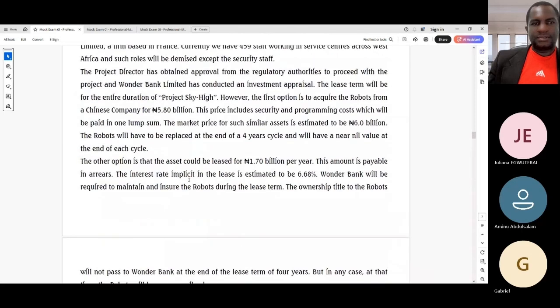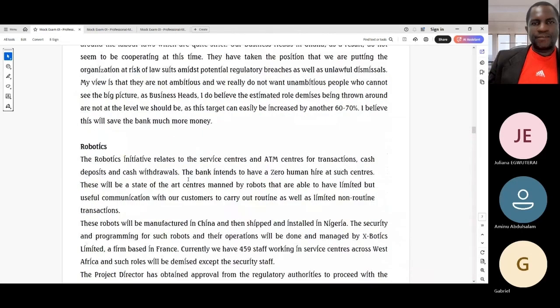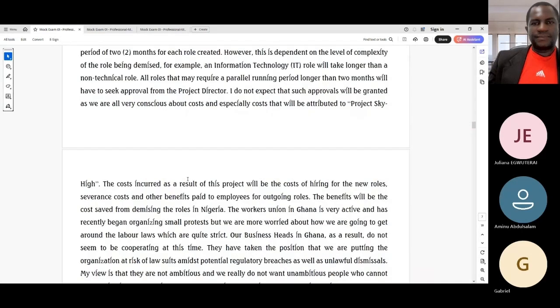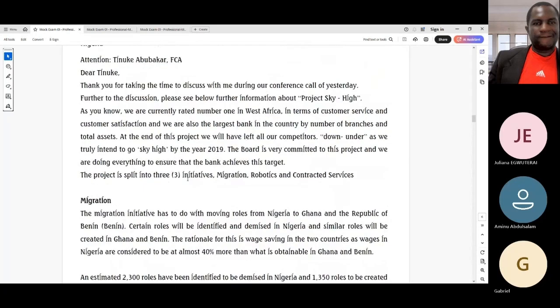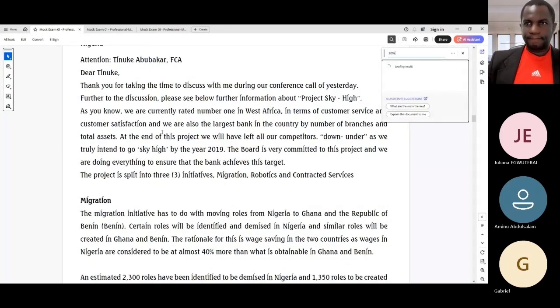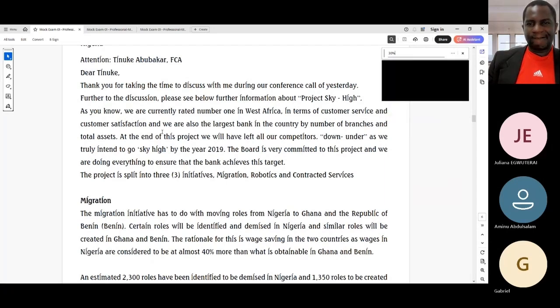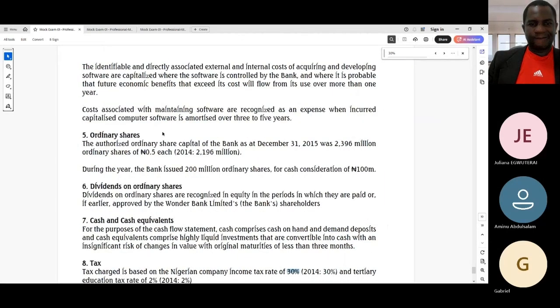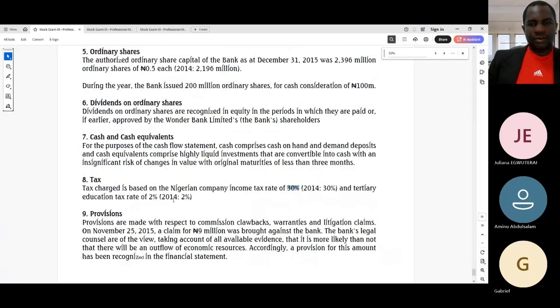Where is the tax amount from the case? Good. I just did control find and search. So you can see the tax is charged on the Nigerian economy tax rate, which is 30%.